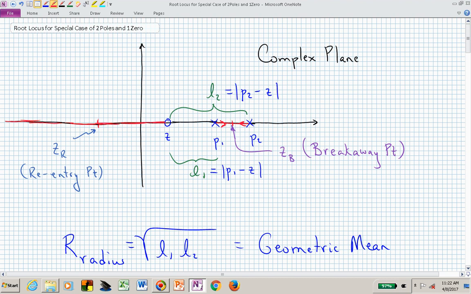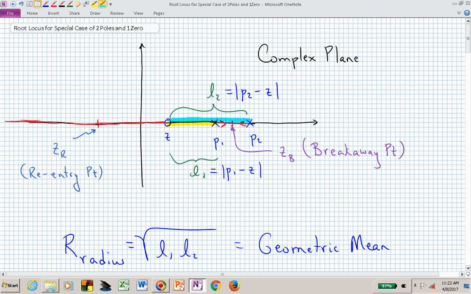And once we have that breakaway point, which we can compute as the square root of L1 times L2. L1 is the length from the zero to the first pole.